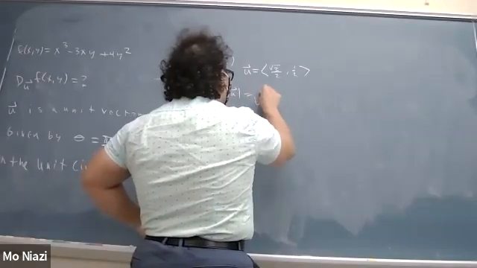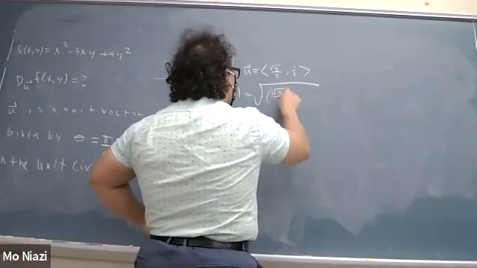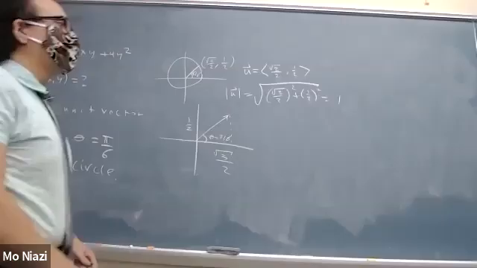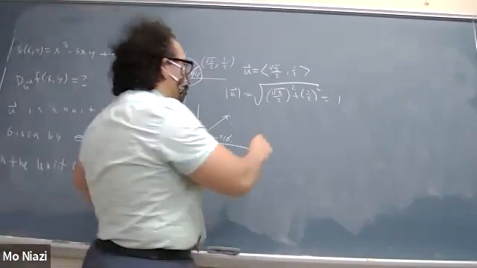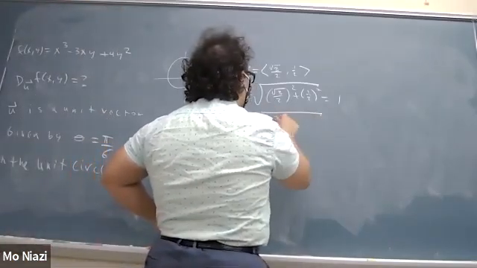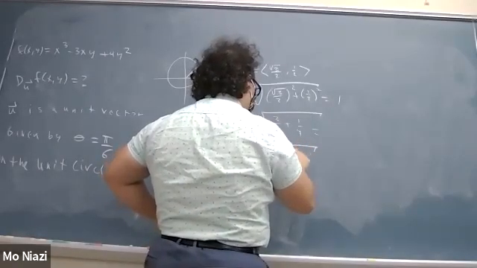It is indeed a unit vector because 3 over 4 plus 1 over 4 equals 1. Right? Okay, it's indeed a unit vector.